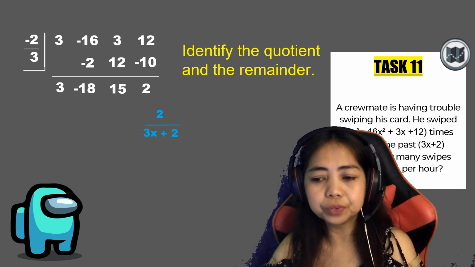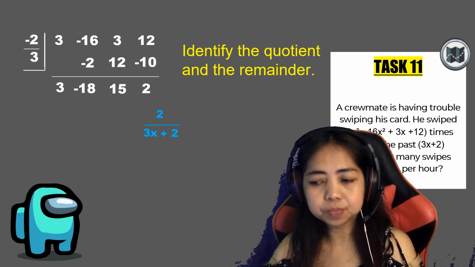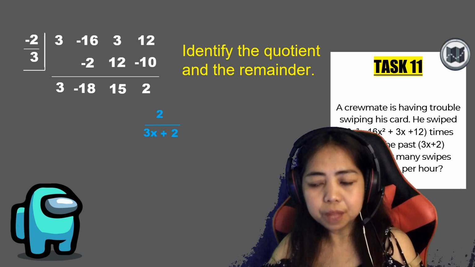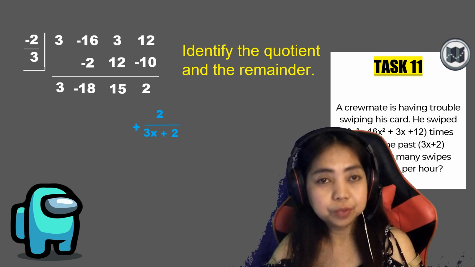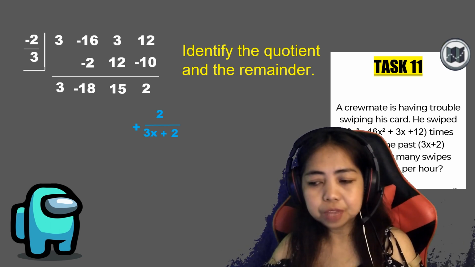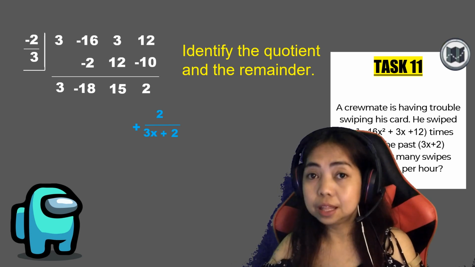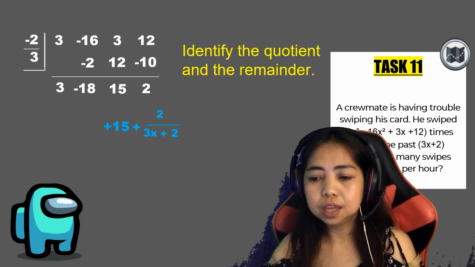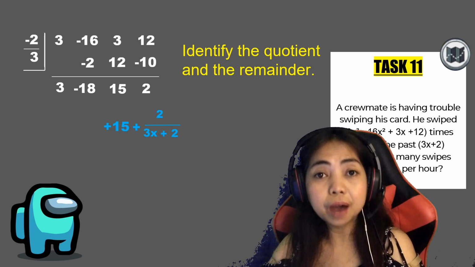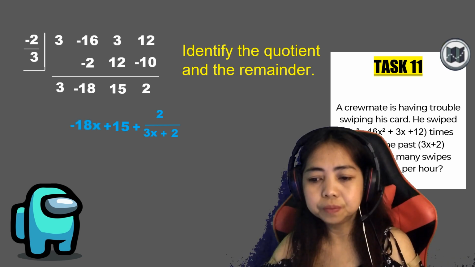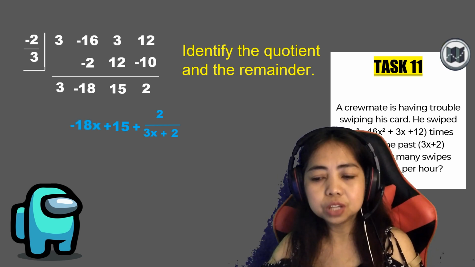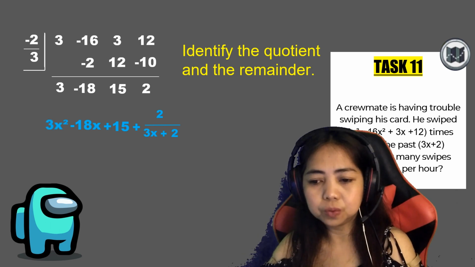So, bali 2 over kung ano yung divisor natin, which is 3x plus 2. Tapos, yung positive 15, siya yung constant lang, yung walang x. And then, yung negative 18, siya yung may x to the first power. And then, yung positive 3, siya naman yung may x to the second power.